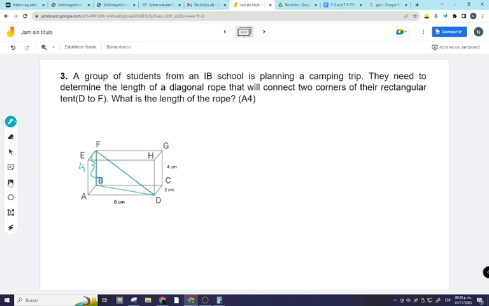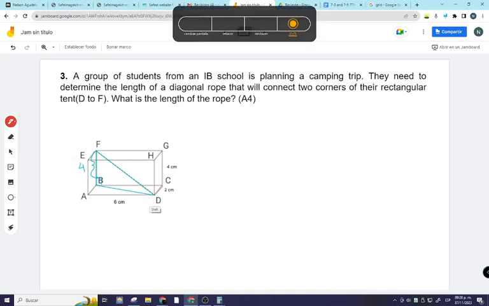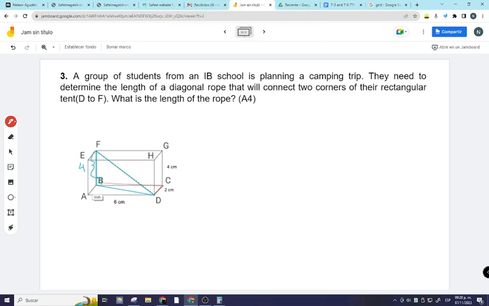Let me mark it with another color, because the length of this line is the hypotenuse of this triangle.